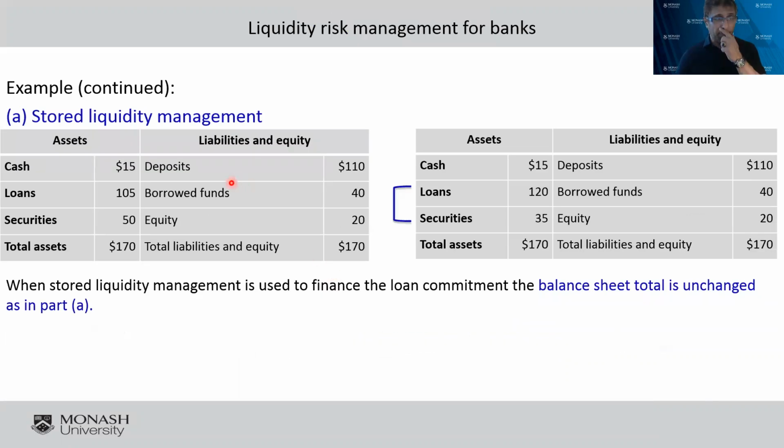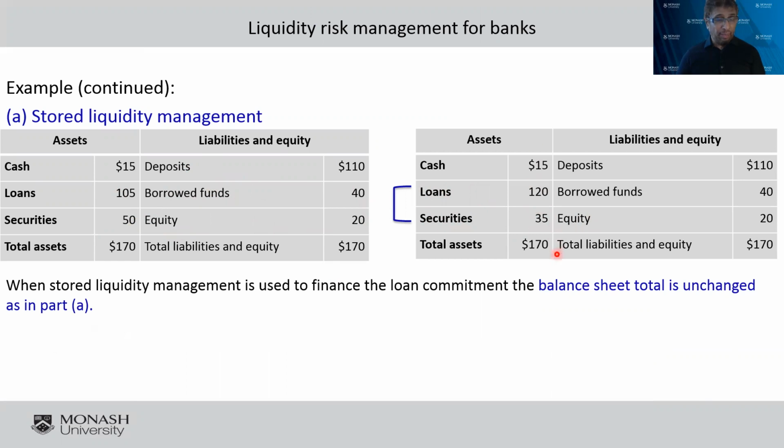What will happen if I finance it from the asset side? There will be no change, because the loans were 105, they become 120, and my securities used to be 50. Now I sold some of them and paid for this loan, so I dropped it by 15, to 35.